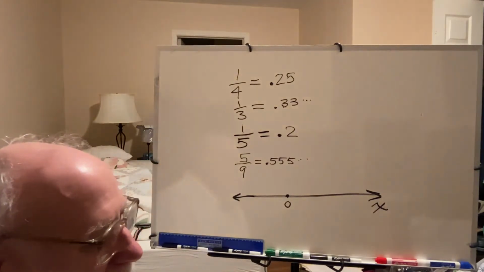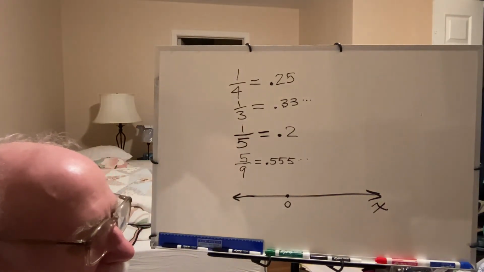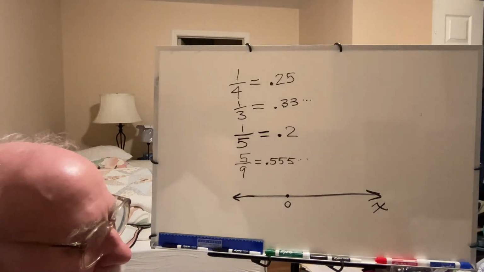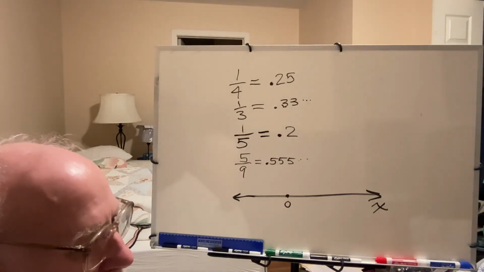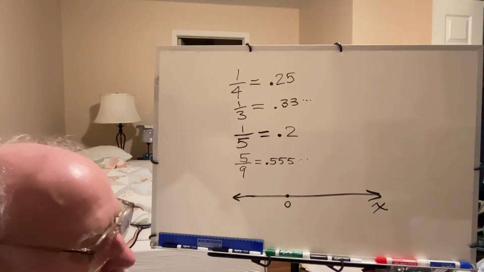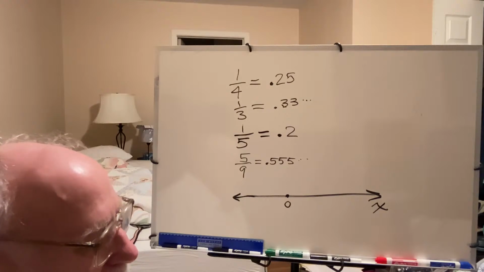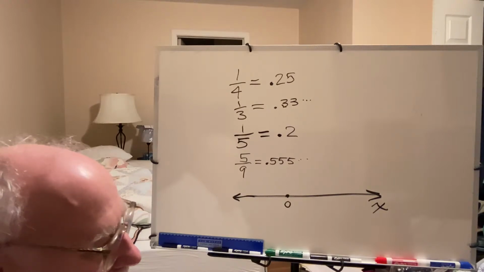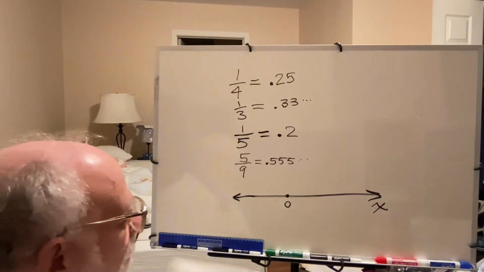Well, the decimals that terminate have only 2s and 5s in the denominator when they're in lowest terms, and that's because you're in base 10. 2 and 5 are special denominators in base 10, and combinations of those are special.